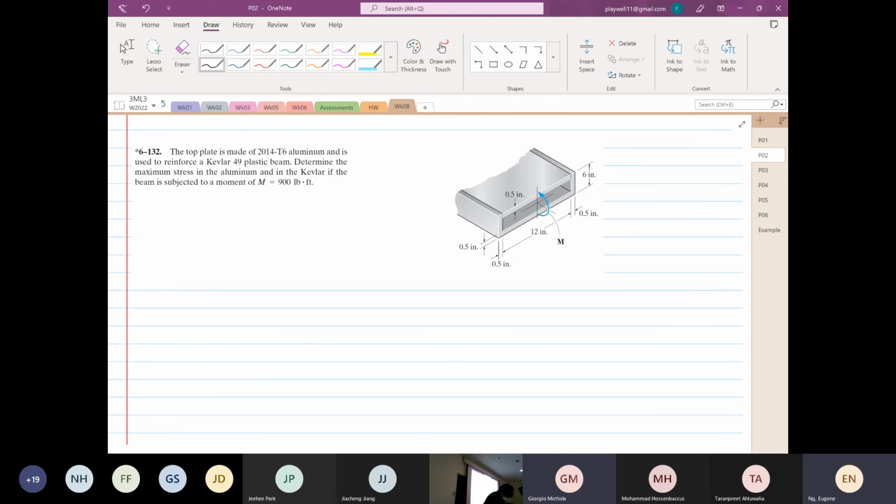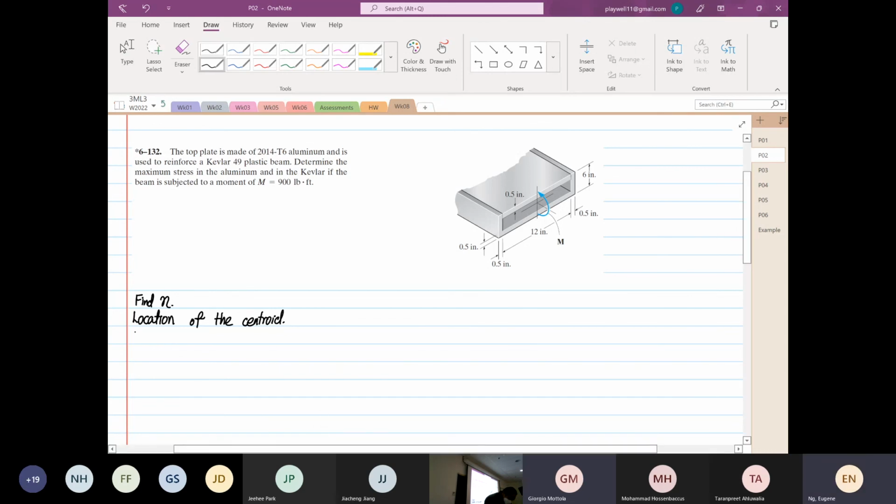Thank you. So for this case, there are a few things that we need to do. First of all, find our n value, which we did already. Then find the location of the centroid.